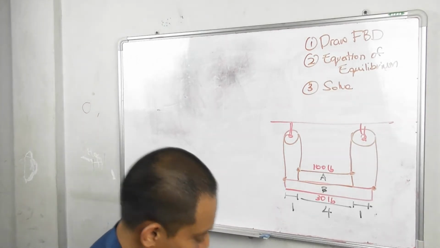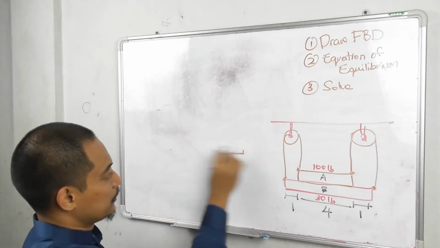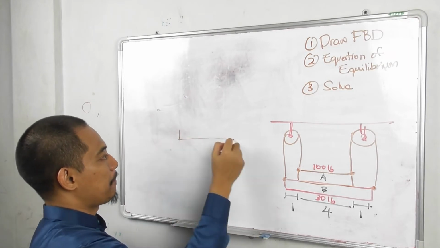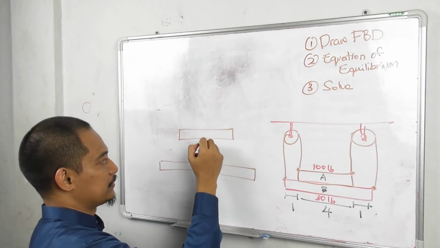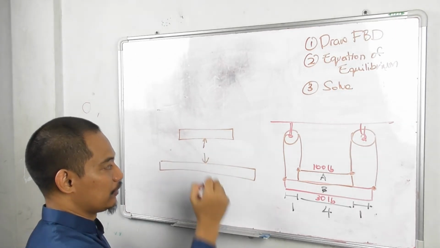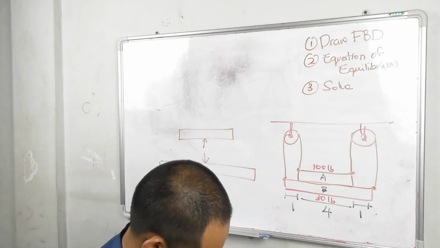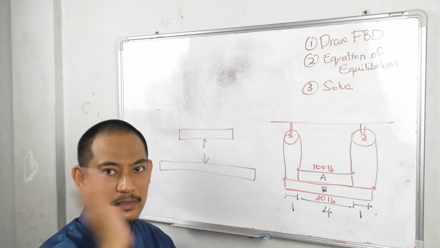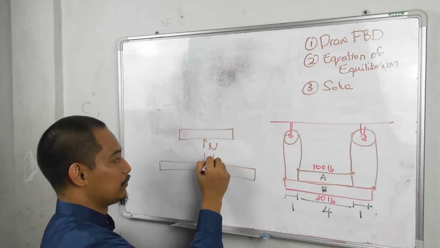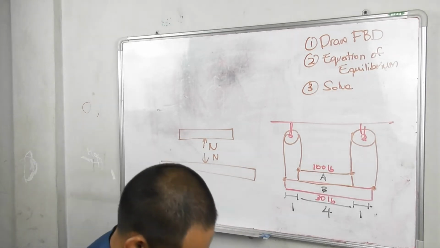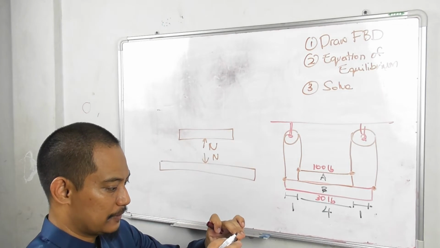Normal force meaning that if you separate the two plates, there's a normal force from one to another, right? Hopefully you can see, because there's some glare from the lighting, but anyway, there's a normal force here, normal force there. So what is that normal force? That's the question.